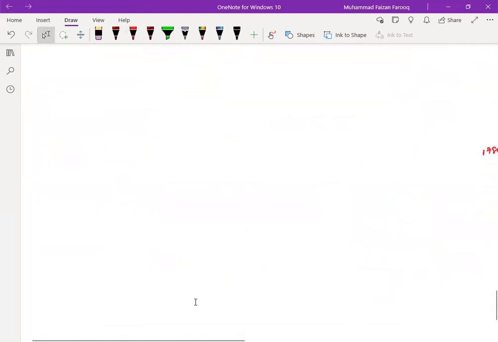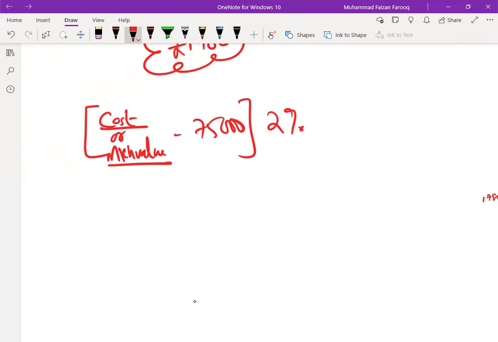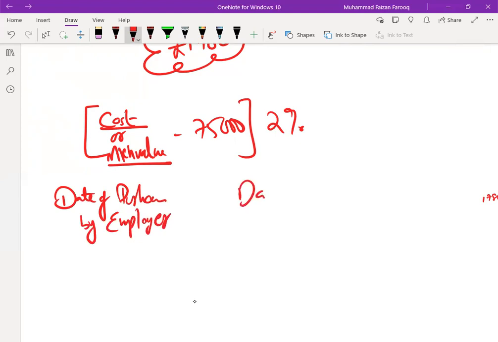We will do a very good question, but wait a moment. This is the formula, right? Cost or market value, into 2%. Our question is when to take cost and when to take market value. So, date of purchase by employer, date of provision to employee.